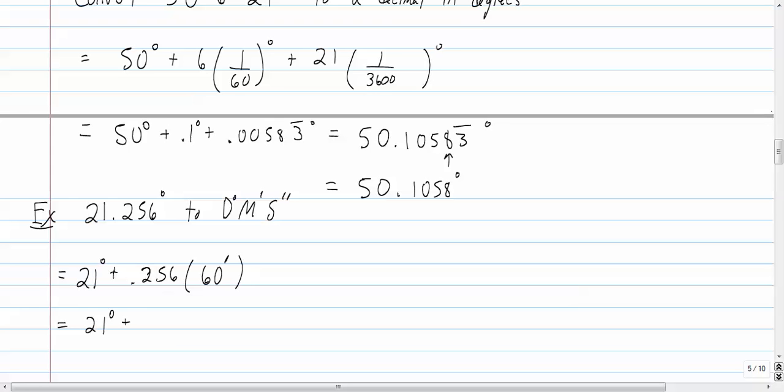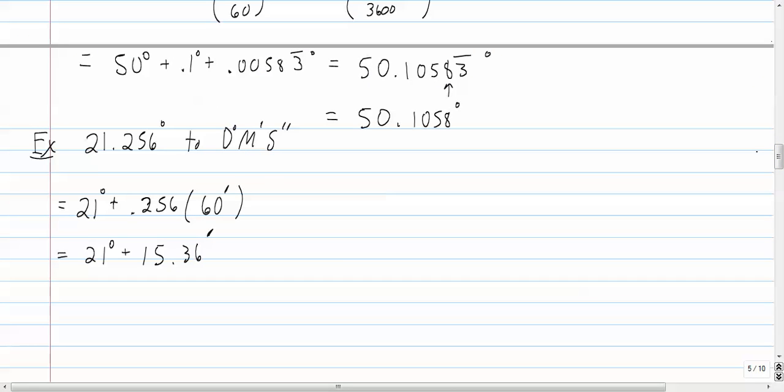Now, that is going to have a decimal here. That's, what is it? 15.36. And that's 15.36 minutes. Now, we just take the whole number part of that for our minutes. And then we're going to take this decimal part, the 0.36, and we're going to convert that over to seconds.